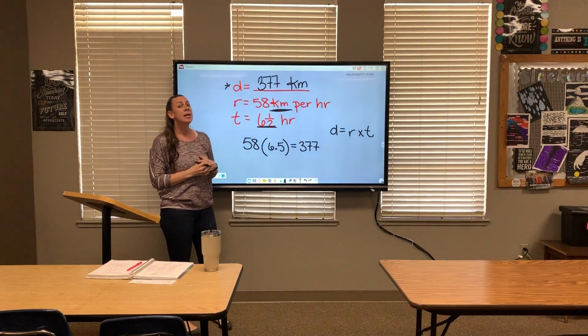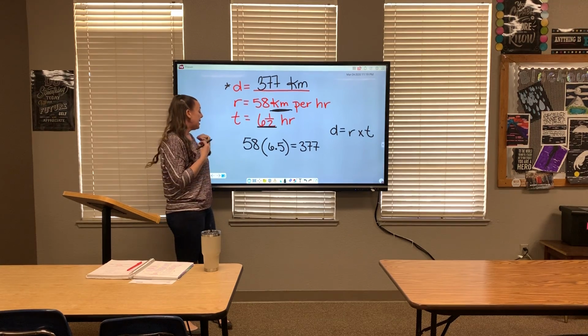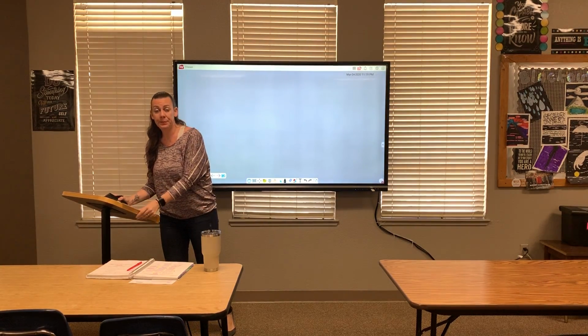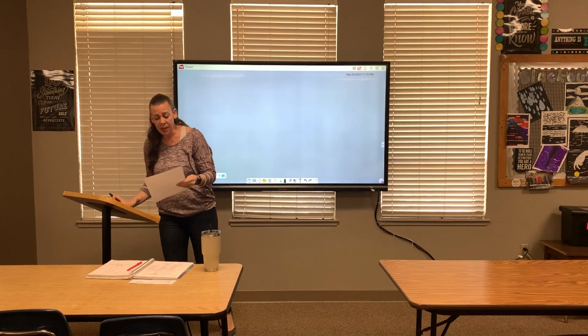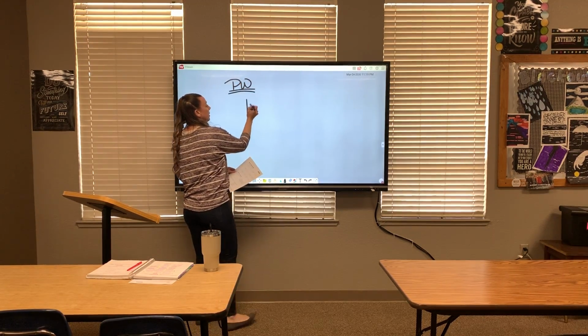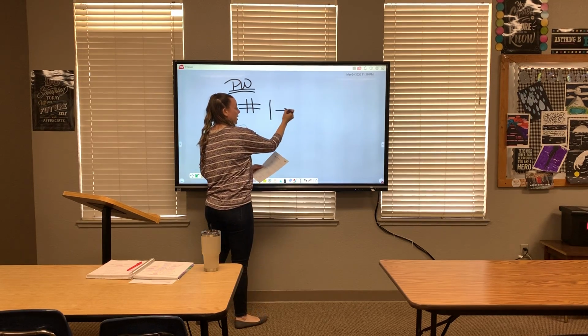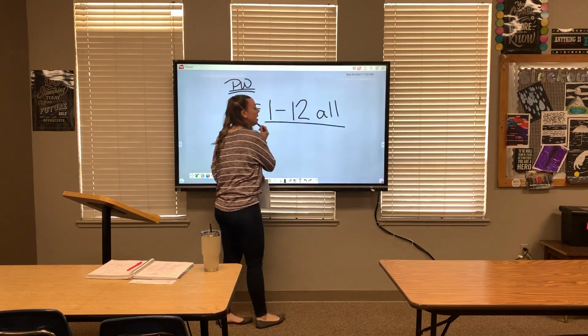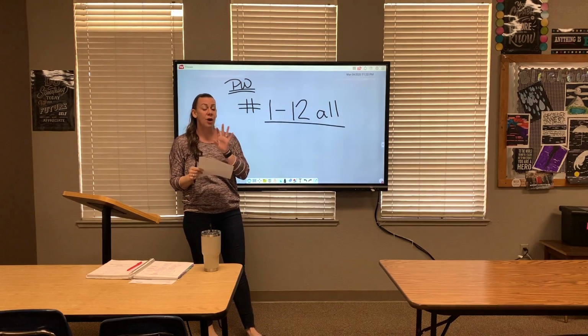So hopefully this is working for you. Again, ask questions as we get to it so that we can do this together. And what I'm going to ask you to do is the PW side, numbers 1 through 12 all. I'd like you to write on the top of that.